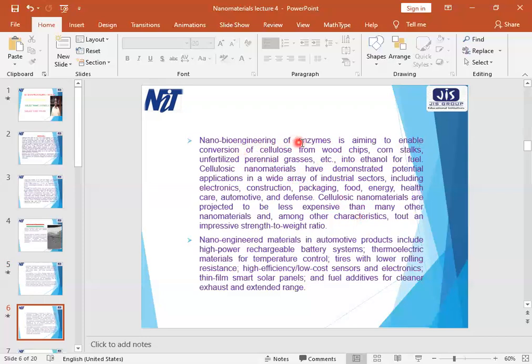So nano bioengineering of enzymes is aiming to enable conversion of cellulose from wood chips, corn stalks, unfertilized perennial grasses, etc. into ethanol or fuel. So you see, if cellulose can be converted to ethanol or fuel using nano bioengineering, then what will happen? Our fuel crisis will be overcome.